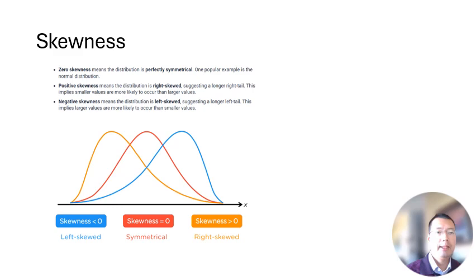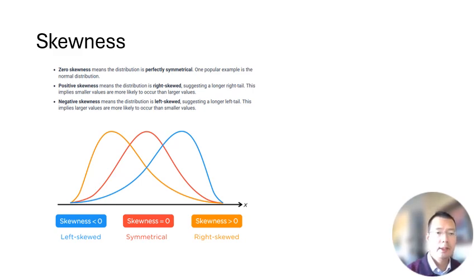This implies smaller values are more likely to occur than larger values. Negative skewness means the distribution is left skewed, suggesting a longer left tail. This implies larger values are more likely to occur than smaller values.